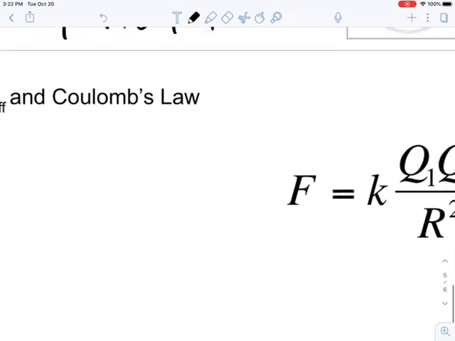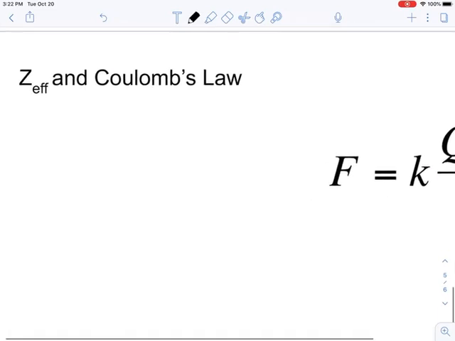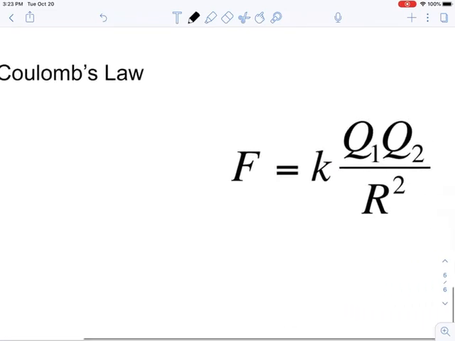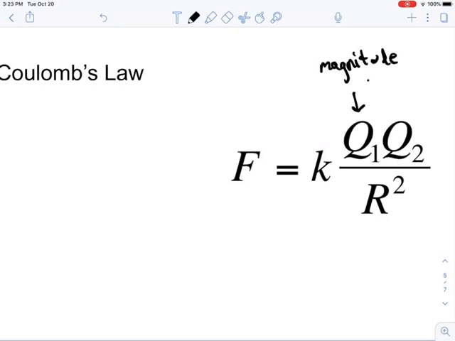How does the effective nuclear charge relate to Coulomb's law? Well, we learned that in Coulomb's law, Q1 is the magnitude of some charge. And in our examples, Q2 is the magnitude of some second charge.